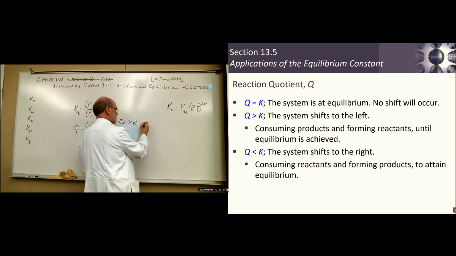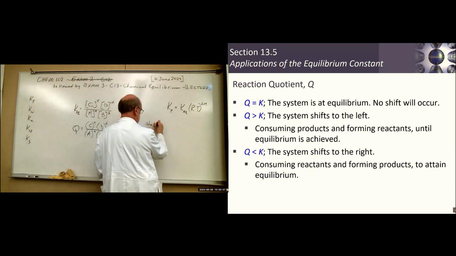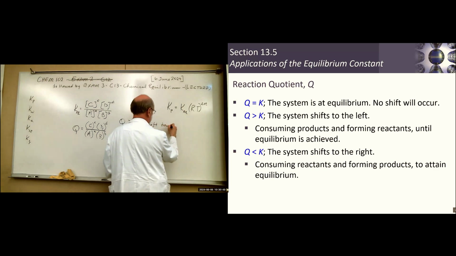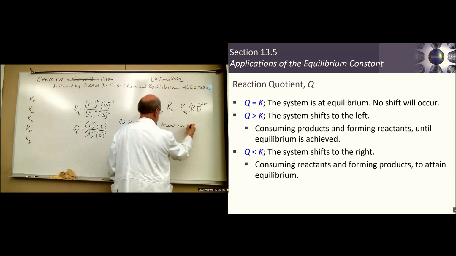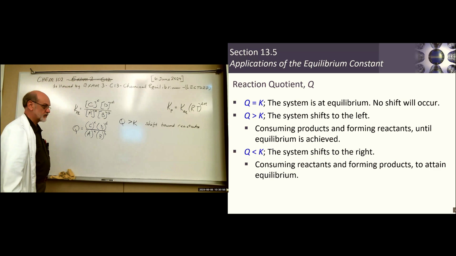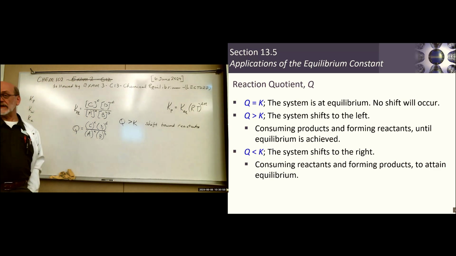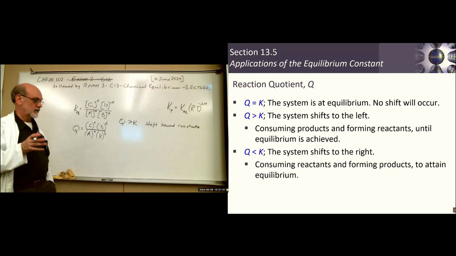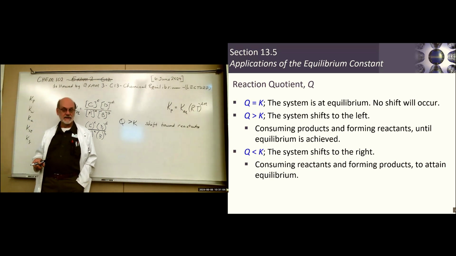That means the shift is toward reactants, or to the left as written. I'll caution you, when we say left and right, if you're not referencing a balanced equation, left and right mean nothing, because I may write the reaction backwards, and then it'll be the opposite of what you expect.